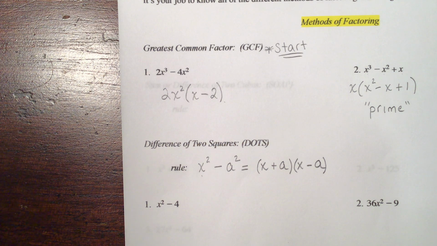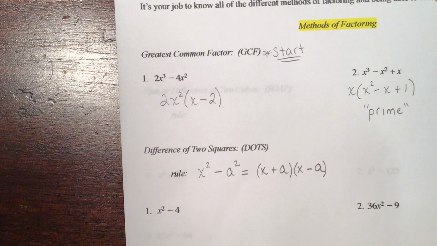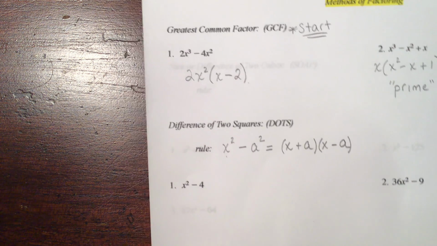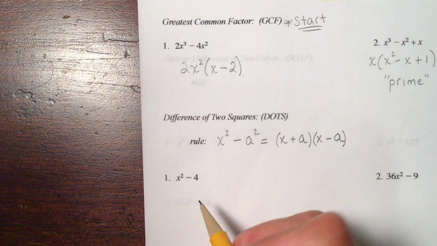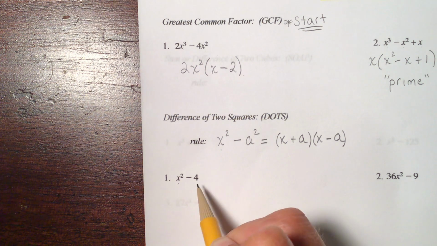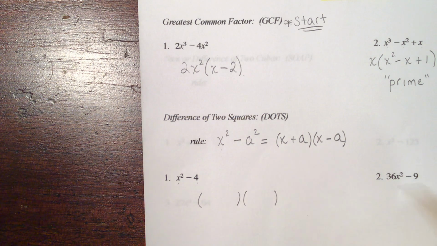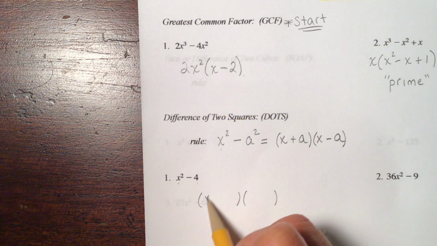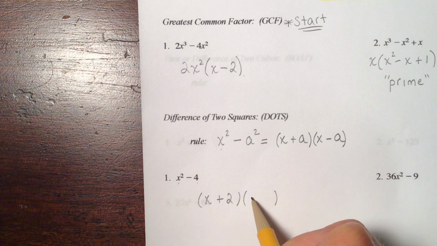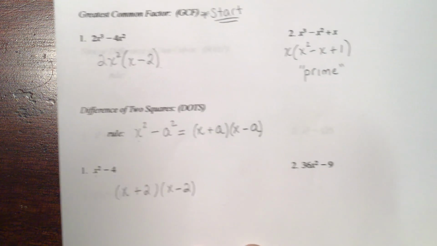So it's always going to be two sets of parentheses, x plus a, x minus a. First one's super easy. I'm doing this on purpose. So I would say, oh, that's a perfect square, that's a perfect square. Two sets of parentheses, x plus 2, x minus 2. And there you have it.